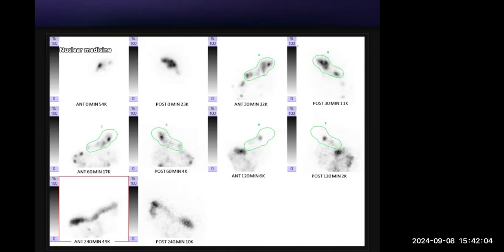Okay, I can see there is an increased radiotracer uptake, and I think it is moving with peristalsis, and I think they are focusing on the gastrointestinal tract.